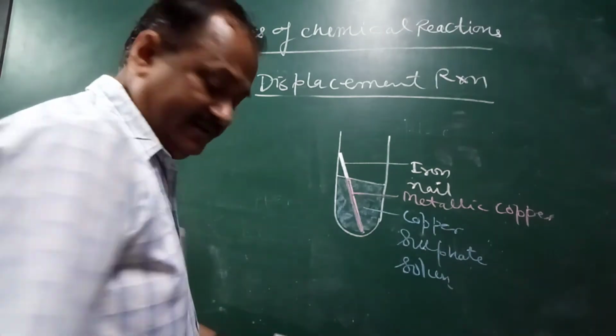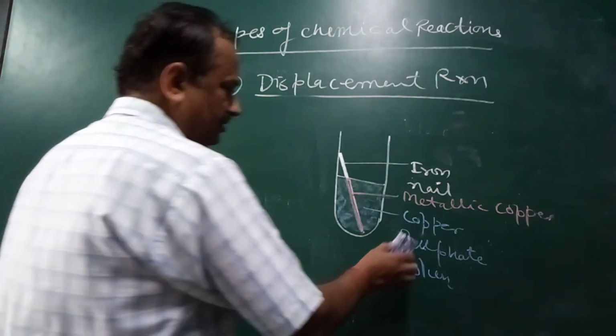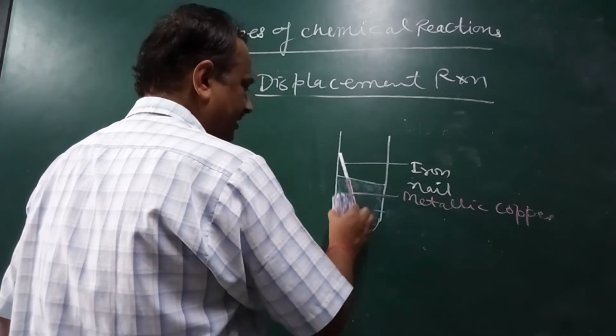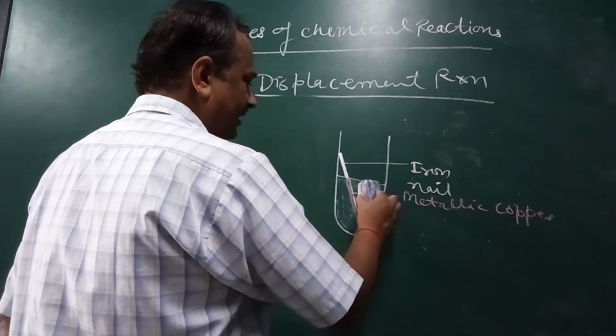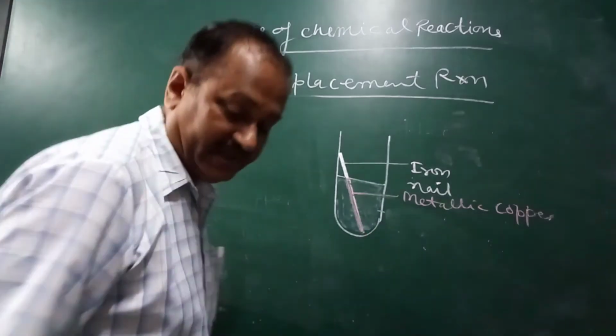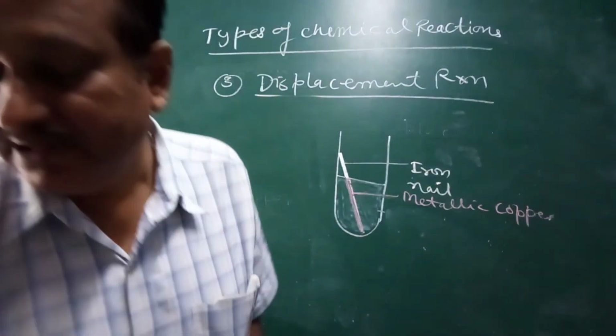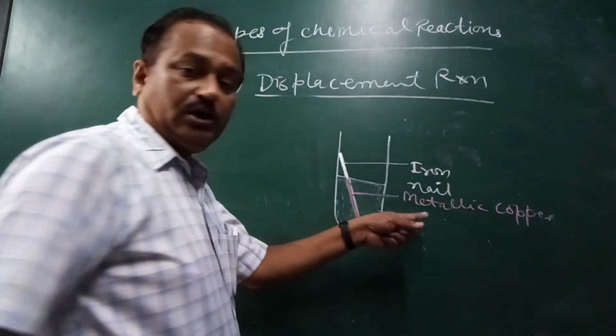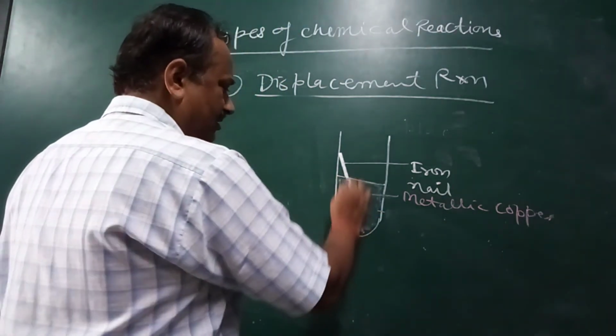After that, the blue color of the copper sulfate solution disappears and it becomes slightly greenish as the copper is deposited.